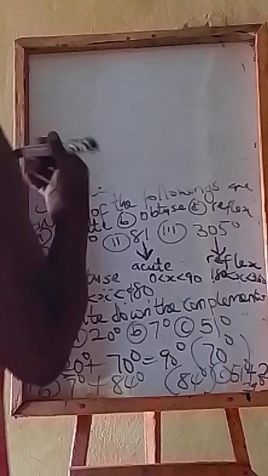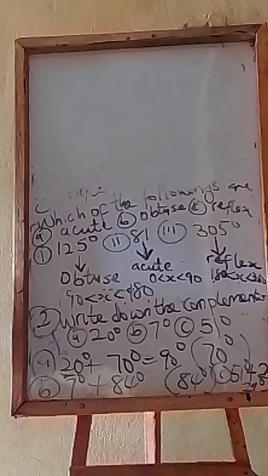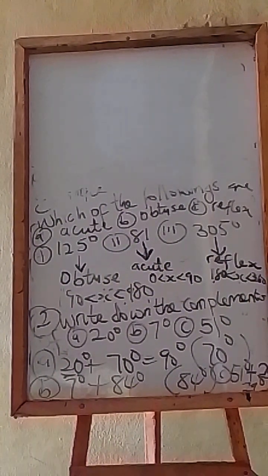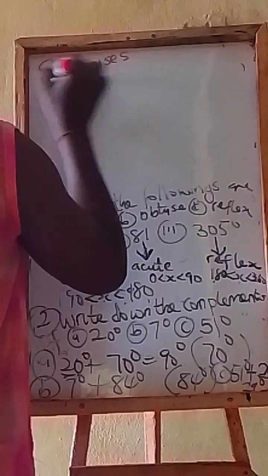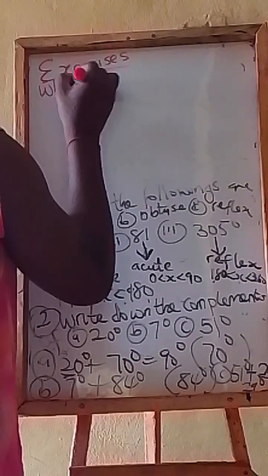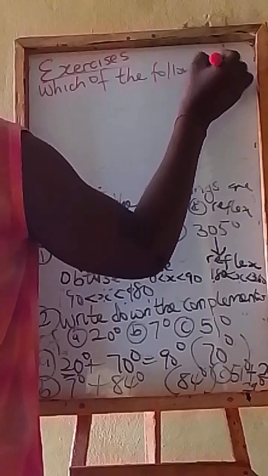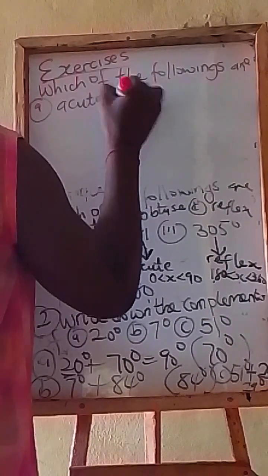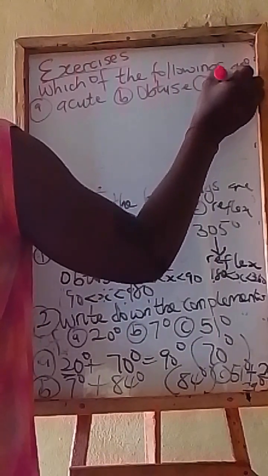So I'm going to give us some exercises to do. Which of the following are A, acute, B, obtuse, C, reflex?